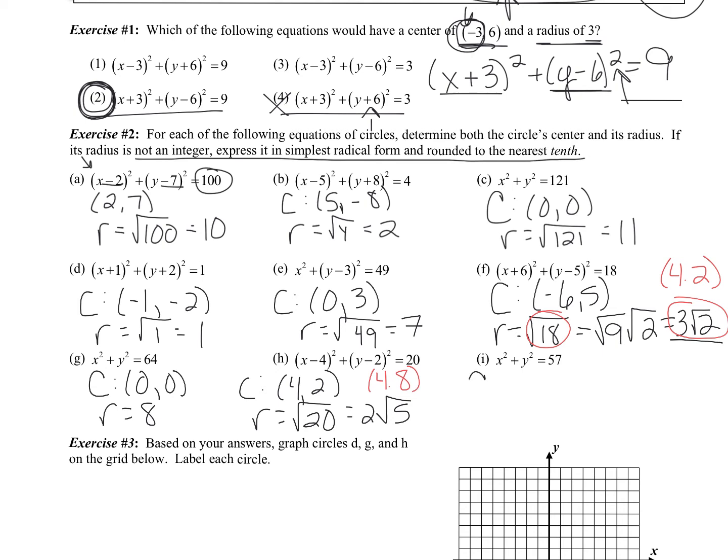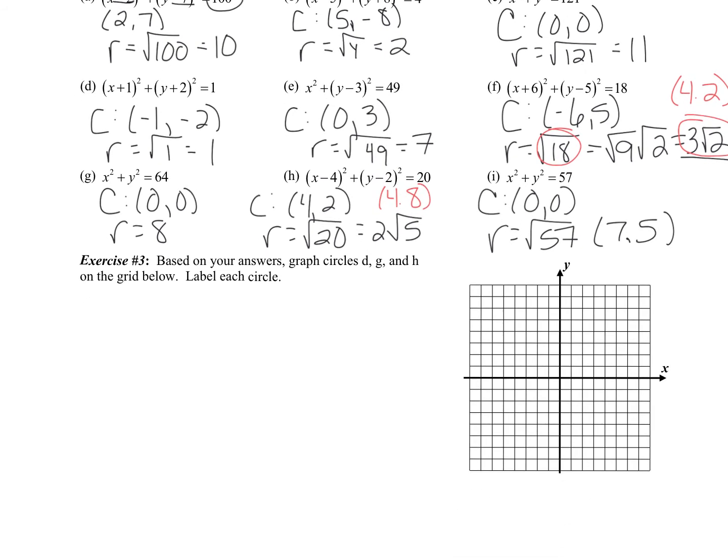The last one also has a center of (0, 0). Radical 57 does not simplify at all, so I'm just going to write it also to the nearest tenth as 7.5. So oftentimes we want things in simplest radical form, but the next thing we're going to look at is graphing these circles. So graphing is a lot easier when we have decimals versus some sort of radical that I'm not sure exactly what it equals.